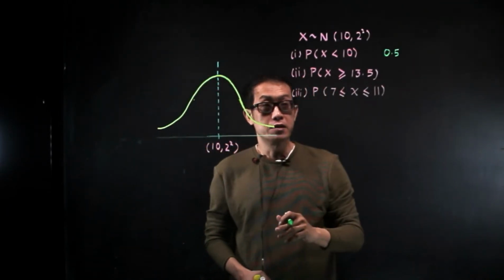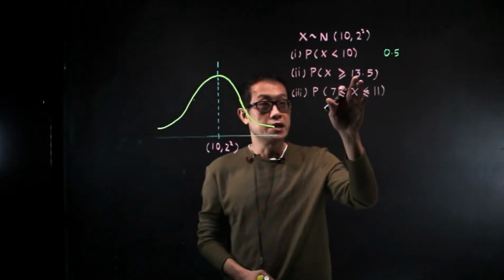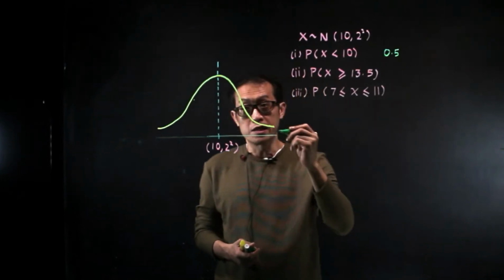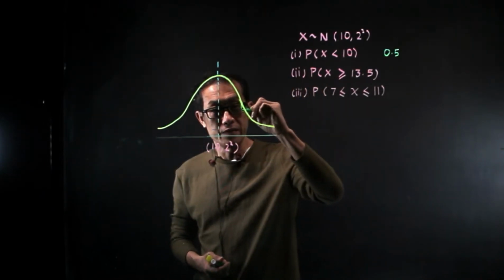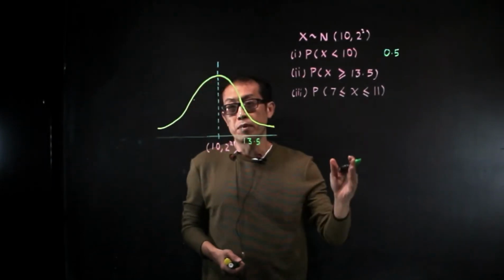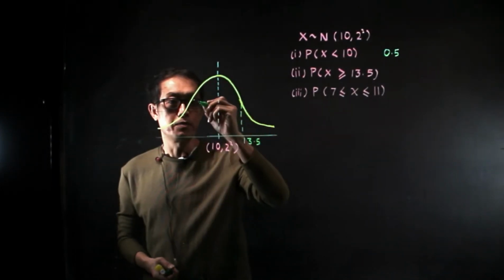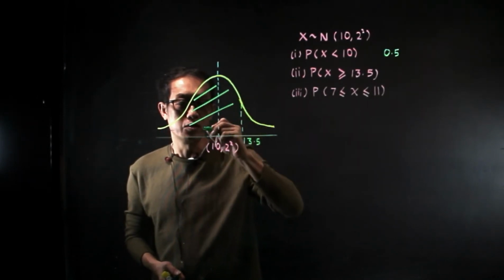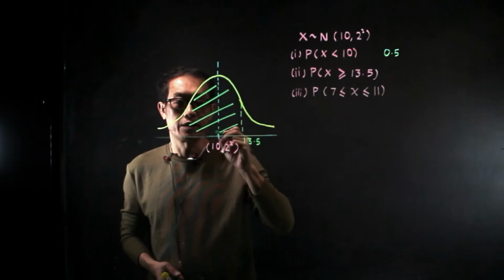Now the next question: what is the probability that x is less than 13.5? Where is 13.5? Let's say it is somewhere here. You want the probability that x is less than 13.5. So this is the probability that you want to find.